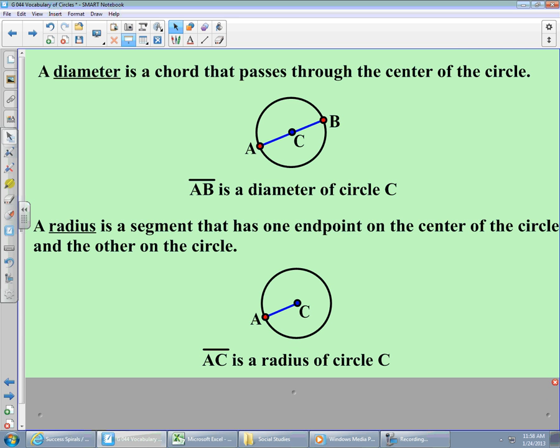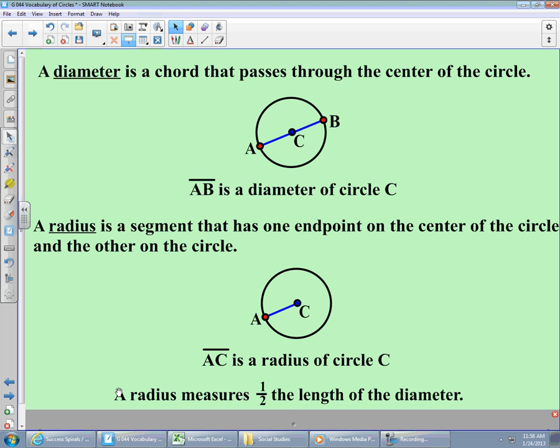So there is not a whole lot of new vocabulary to be discovered yet on this page. The only real new information, and it's not really new, just a refresher, is that of course there's a relationship between a diameter and a radius.